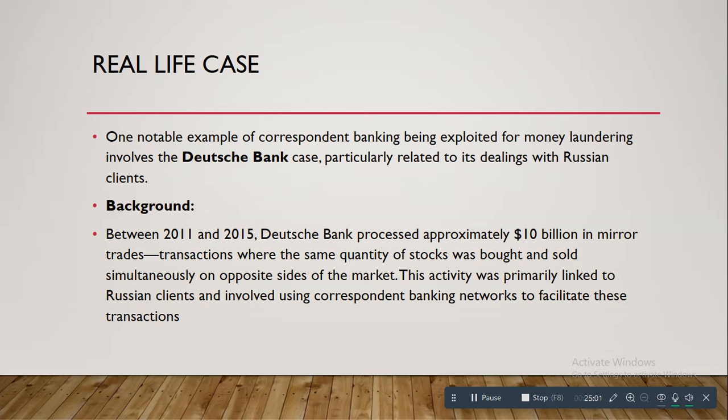To show that it was legitimate, London and Moscow were doing this with a correspondent banking relationship. If you want to learn in depth about this case, you can search it in Google and get to know how this was done. This is just an example.